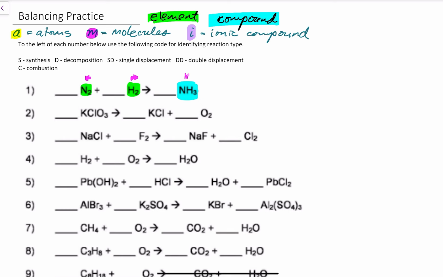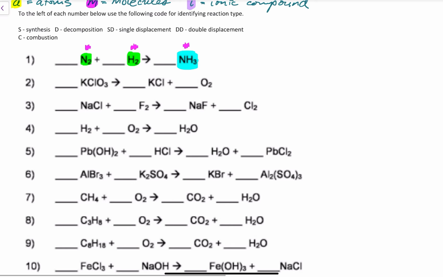Cool. All right, now before we even balanced anything, KClO3, what do you say, element or compound? Element, K is potassium, Cl is a chlorine, and there's 3 oxygens. Yeah, that's a compound for sure.